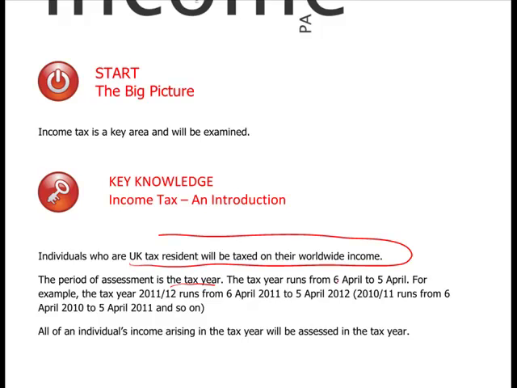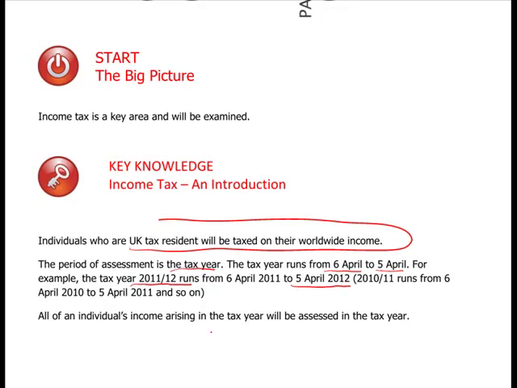The tax year in the UK runs from 6th of April to the 5th of April. So a little bit quirky. A lot of countries have February year ends, March year ends. We have 5th of April year end. It runs, say, the 2011-12, which has just finished, on the 5th of April 2012. All of an individual's income arising in the tax year will be assessed in that tax year.